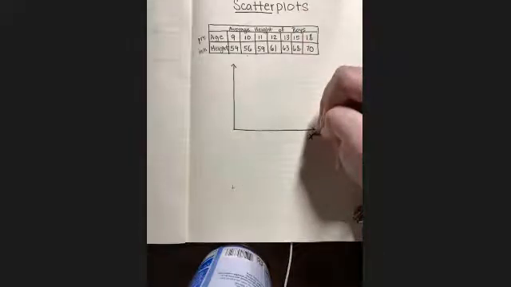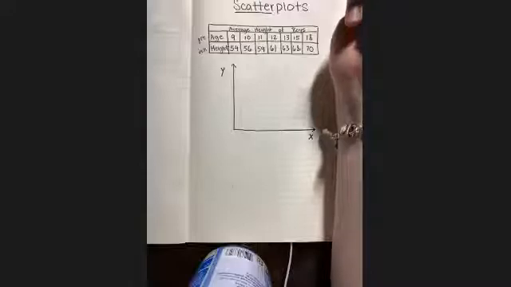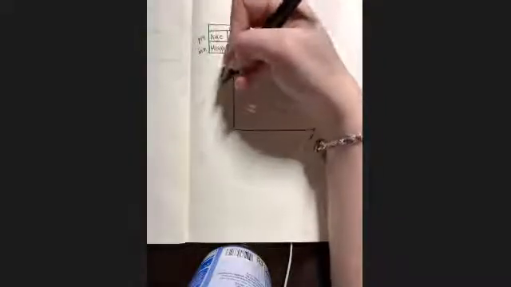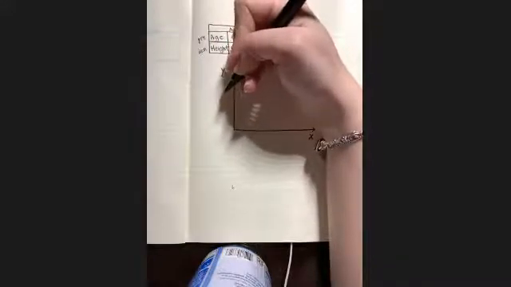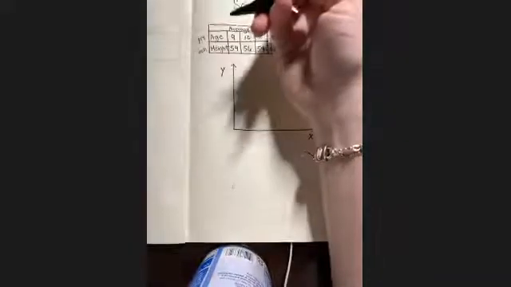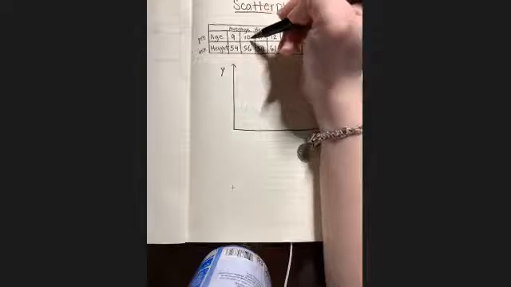We're making a coordinate grid, so it has an x-axis and it still has a y-axis. But these axes are labeled. Now, it doesn't really matter which one you label which, but you tend to want to put what number you think is going in, the input, on your x-axis. When I look at this, there's not really a number that's going in, but you see how the age was kind of first?